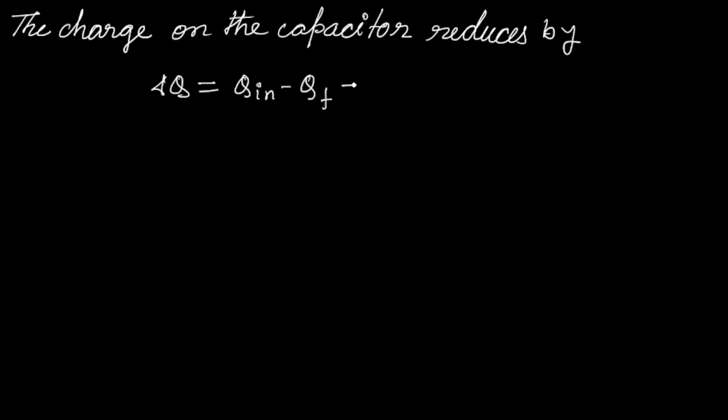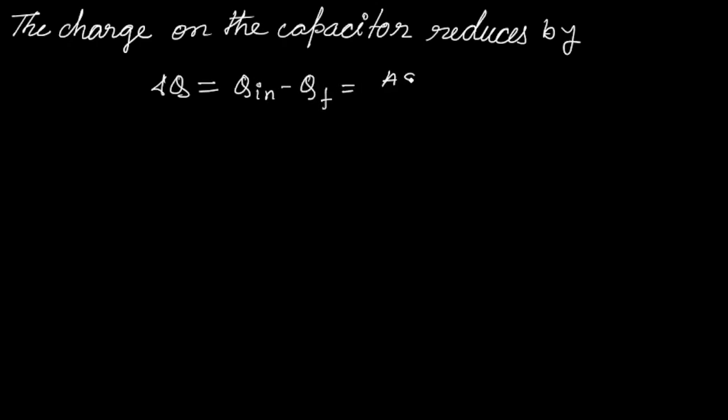So the charge on the capacitor reduces by dq equals Q initial minus Q final.